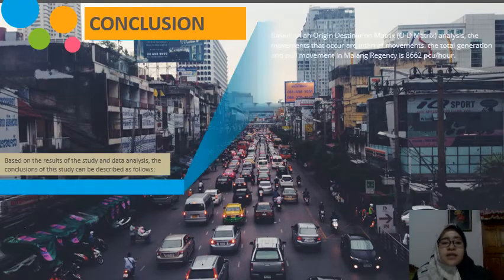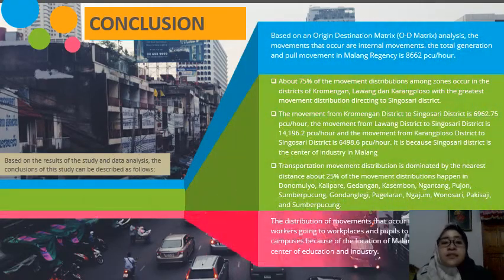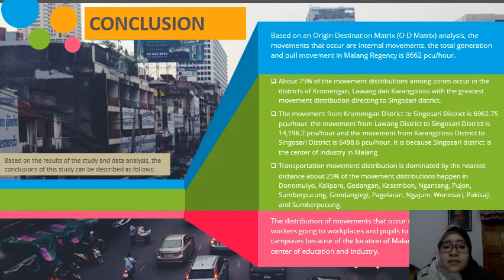The conclusion. Based on the results of the study and data analysis, the conclusions of the study can be described as follows. Based on the origin-destination matrix, OD matrix, analysis, the movements that occur are internal movements.